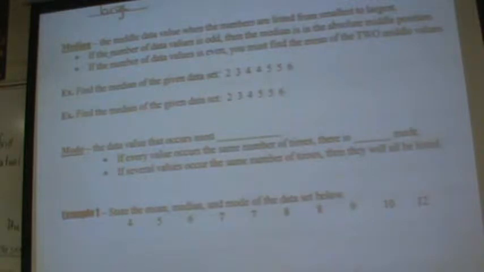If you have an odd number of data values, the median is the absolute middle position, whatever number is in the middle of your set. If the number of data points is even, then the median is the mean, or the average, of the 2 middle values. The 2 examples below will show us this.